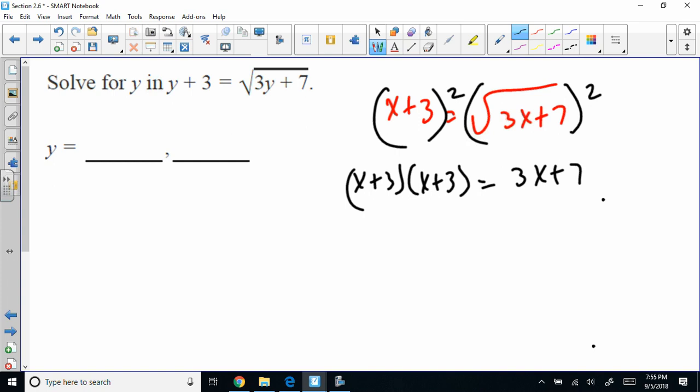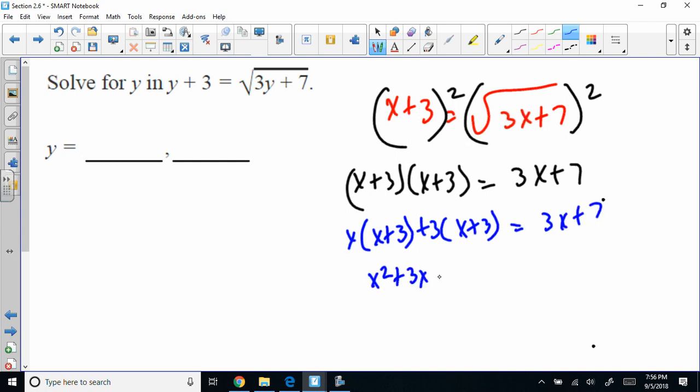A nice little quadratic, right? So you can split it and multiply it. That's x squared plus 3x plus 3x plus 9 equals 3x plus 7.